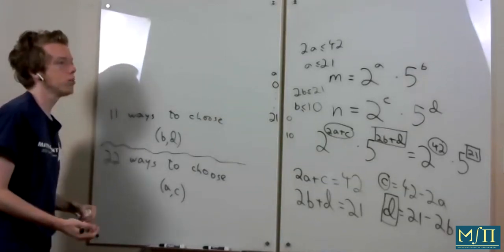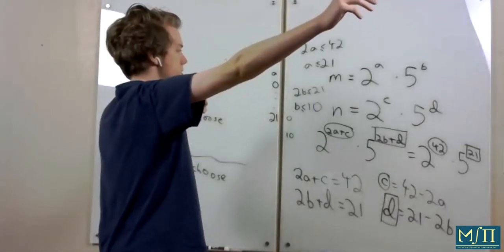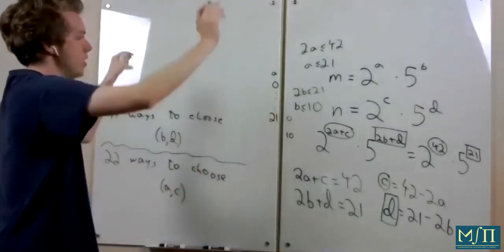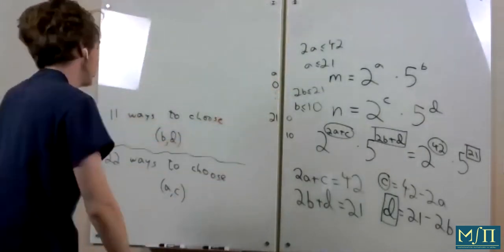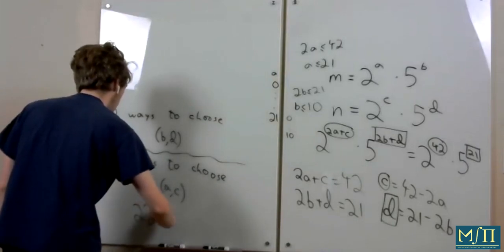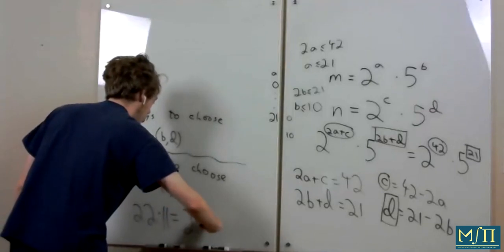You could imagine a big table with the possible choices for A, C written along the top and B, D along the side, and each possible choice gives you one choice. So the answer to the problem is 22 times 11, which is 242.